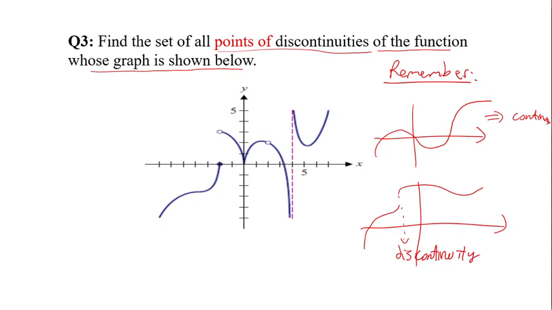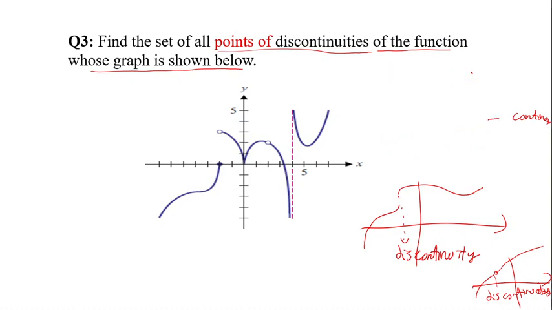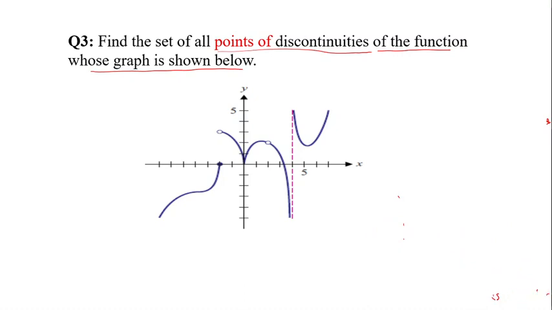And if you have something like this, there's a discontinuity here. So discontinuities are the points where we lift our hand when graphing the function.